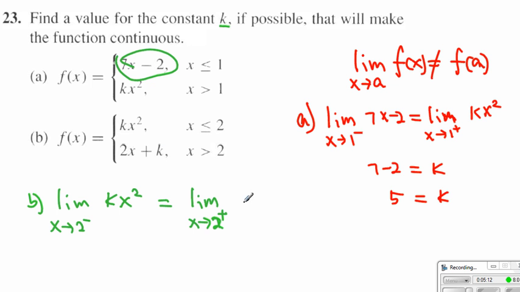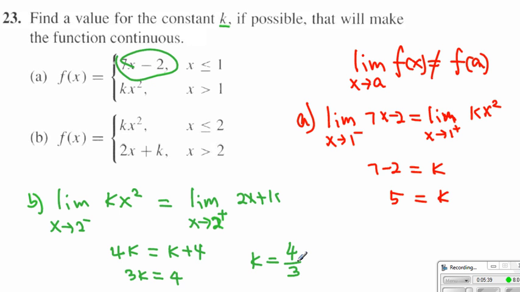That means we are looking at 2x plus k. Once you plug in those two values, 4k must be equal to 2k plus 4. Then 2k would be equal to 4, therefore k will be equal to 2.